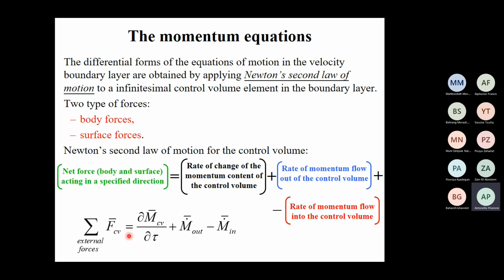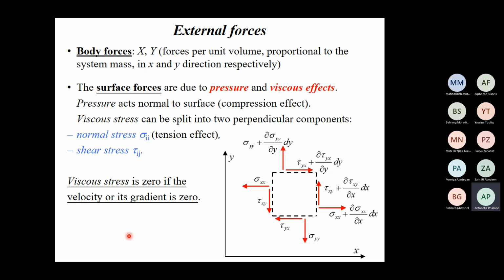The body forces, which we will call capital X for the x direction and capital Y for the y direction, are the forces that are proportional to the mass content of my volume. An example is the buoyancy forces. So the buoyancy forces in a gravitational field are body forces because they depend on the mass of the system.